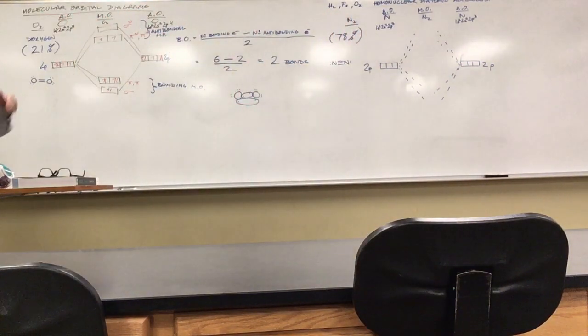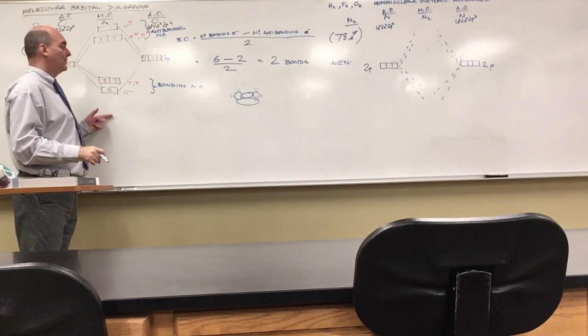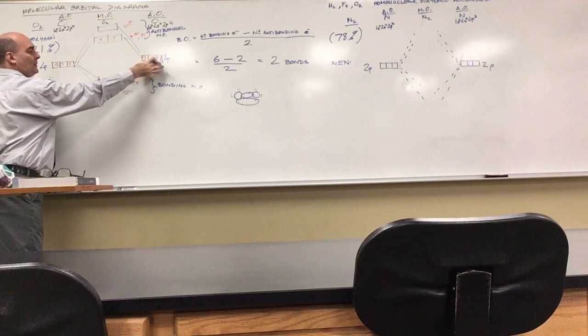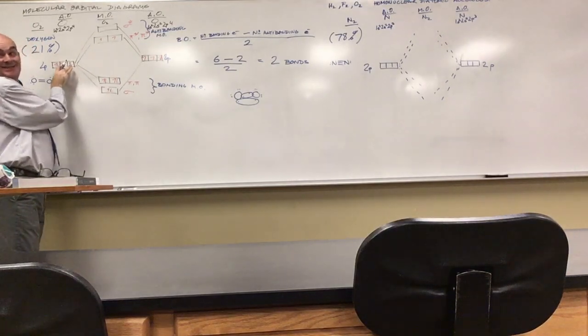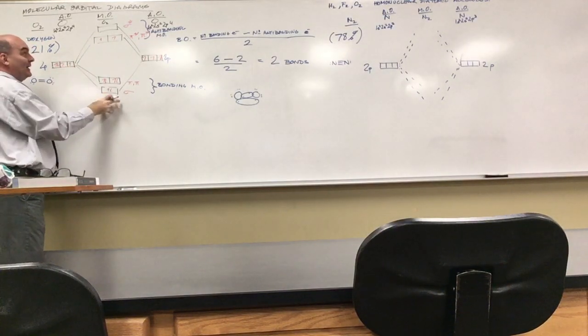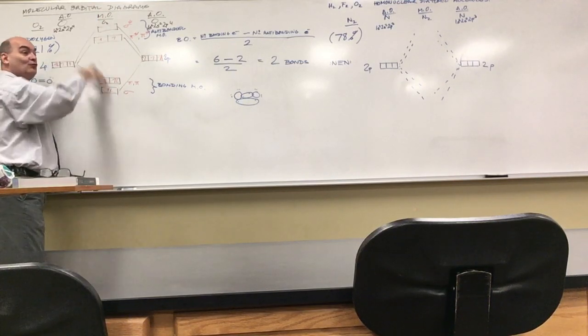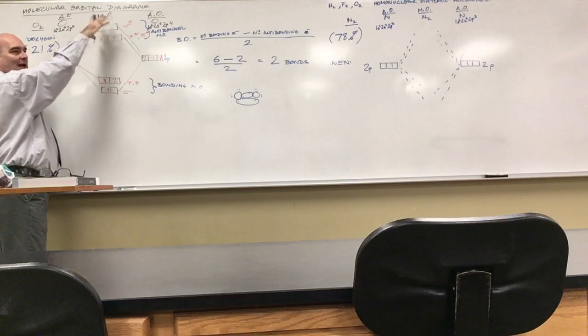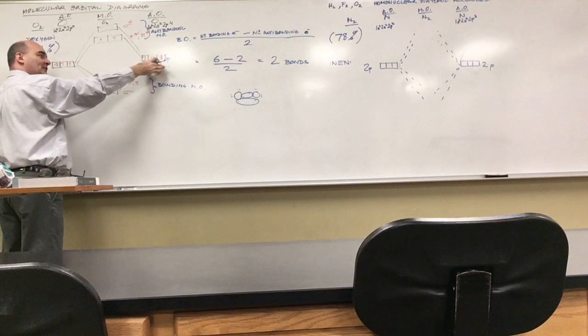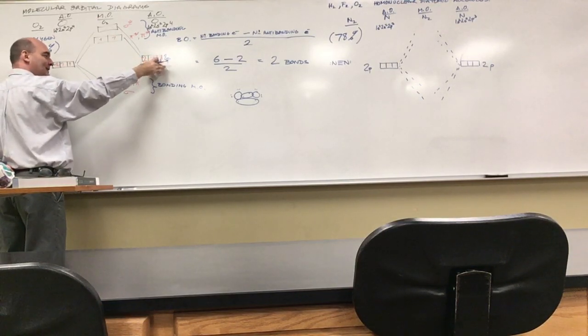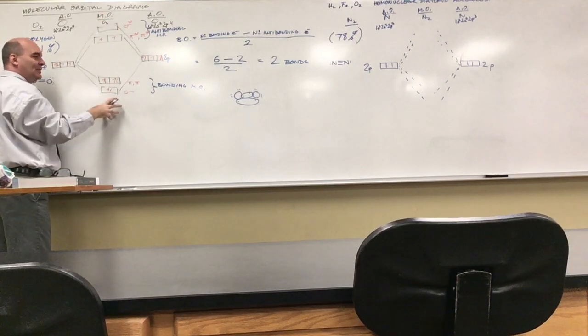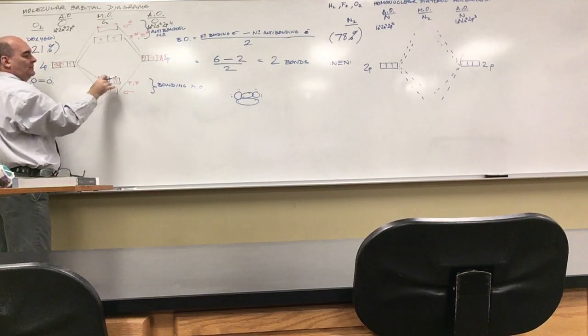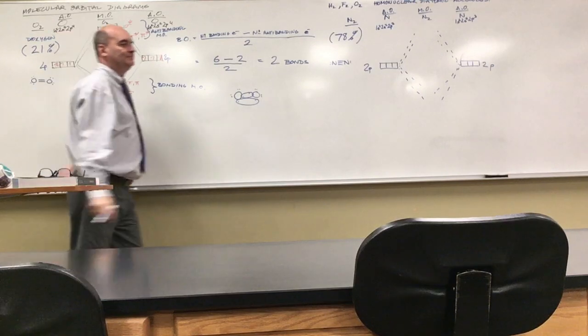And by linear combination of atomic orbitals, I need to have 6 molecular orbitals. That's 6 boxes. This is what the electrons look like when they're on the individual atoms. When I blend them together and share, this is where the electrons go.